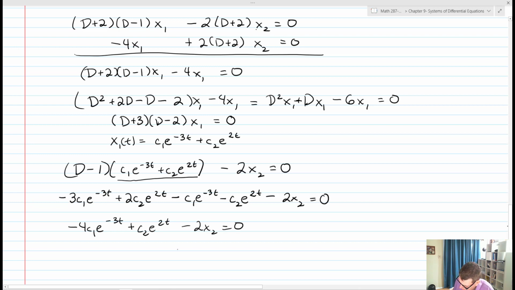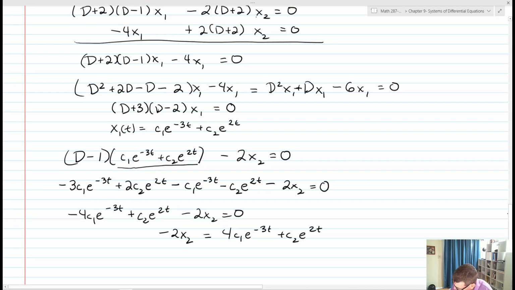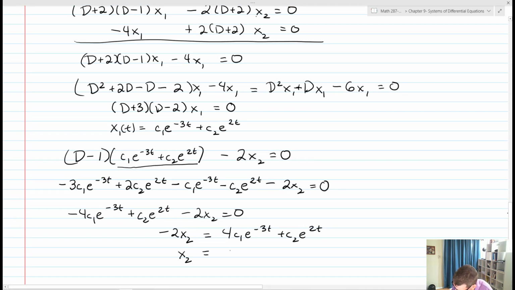So we'll get that negative 2 x2 will equal 4 c1 e to the negative 3t plus c2 e to the 2t. So x2 is then going to equal negative 2 c1 e to the negative 3t minus 1/2 c2 e to the 2t.